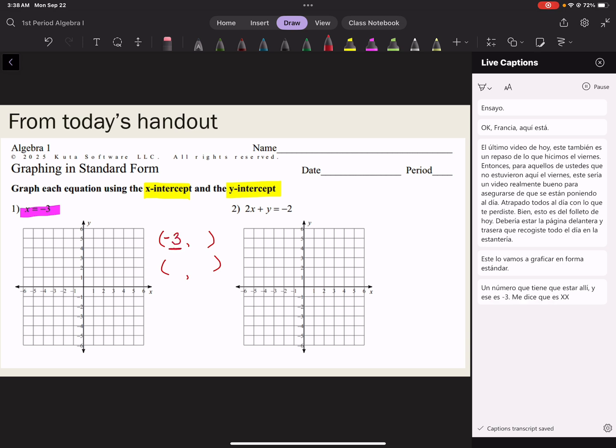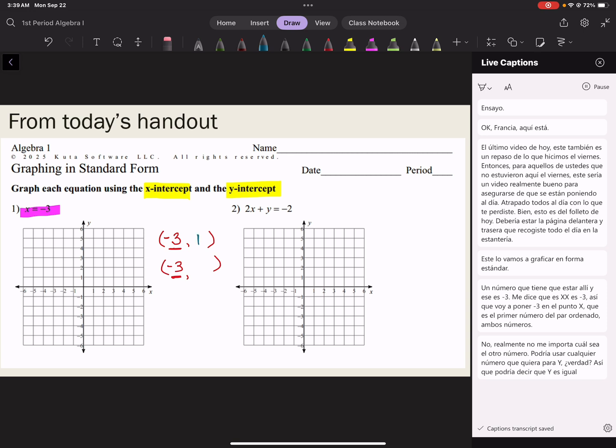So I'm going to put -3 in the x spot, which is the first number of the ordered pair, for both of the points. Now, I really don't care what the other number is. I could use any number that I want for y. Right? So I could say y equals 1 and y equals -5. Both of those would work.